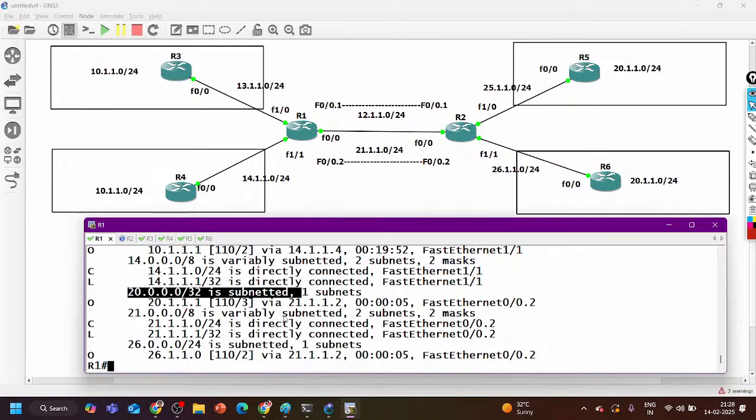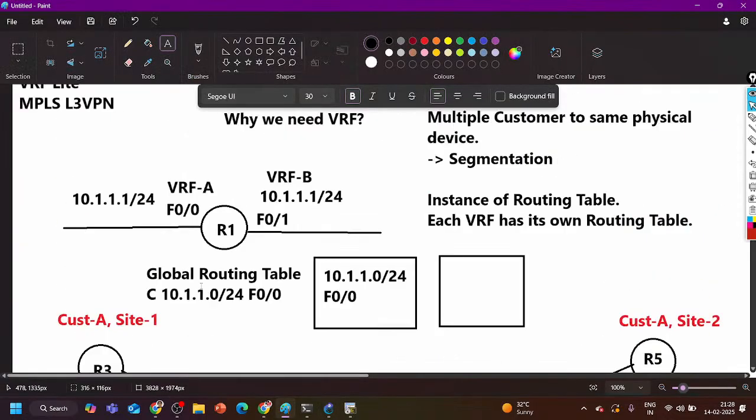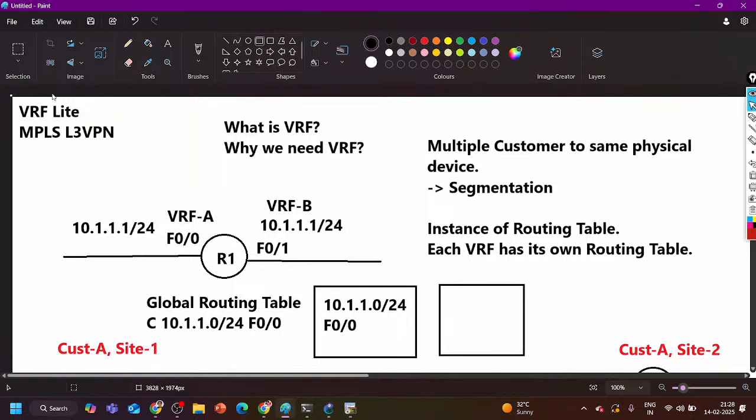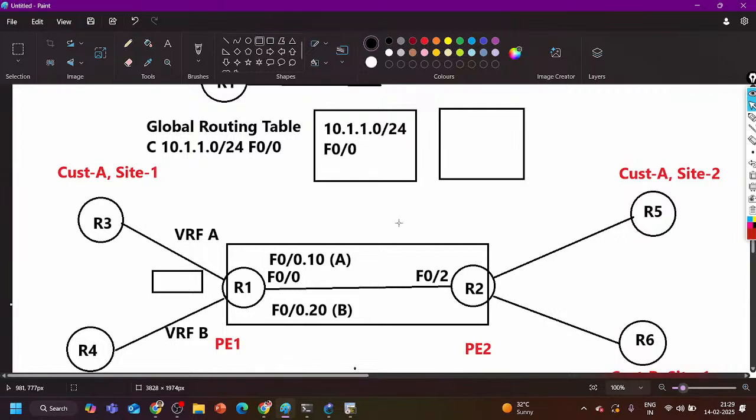This is the simplest way to configure VRF, and this VRF is called VRF Lite. We can configure it either over a VPN, virtual private network, or when we are running the same subnet on the link between P to P, when we have a single link.